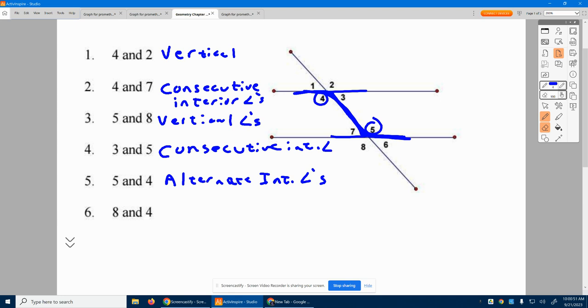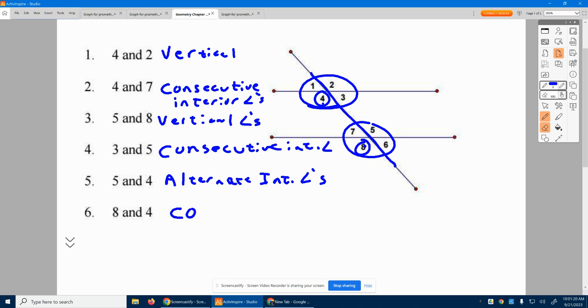And finally, let me clean us one more time. Finally, we ask about 8 and 4. This is where, if you remember, if you have two lines that are parallel, you can take all the angles here and slide them up the transversal to the other parallel line and they'll match. Well, if those lines were parallel, 8 and 4 would match. In this case, they're exactly the same.